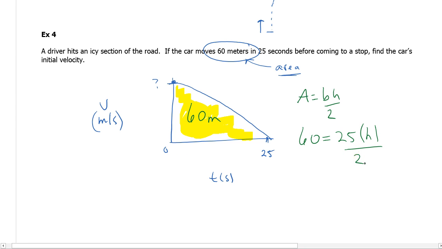So I will multiply both sides by 2. I'll get 120 is equal to 25h. I'll divide both sides by 25. So h is going to be equal to what? 4 4/5, so 4.8. I think I got that right. And so the units for this height here are going to be 4.8 meters per second.